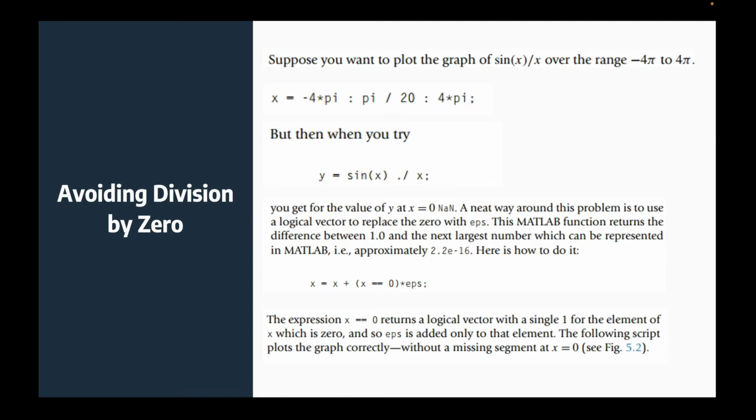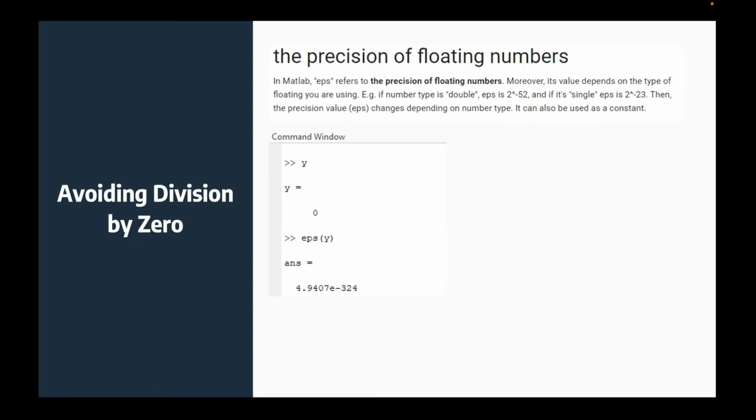Before, you would get NaN when dividing by 0. What we do is we have something called a logical vector that replaces the 0 with EPS. I believe there's a definition for EPS over here. It stands for the precision of floating numbers. It depends on the type of floating number that you're using.